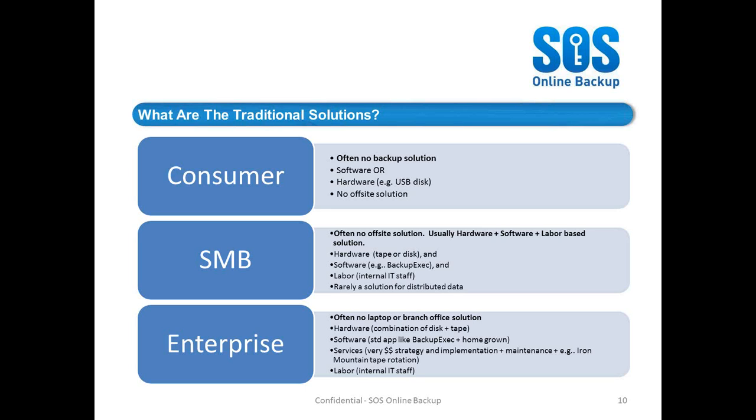So the enterprise is the same way. The enterprise oftentimes will have a much more robust backup strategy, but it's still server-centric. How do you handle those laptop fleets? How do you handle people who are working off-site, your satellite offices? How do you enforce a different backup strategy to a different set of IT people who work, for the most part, independently?